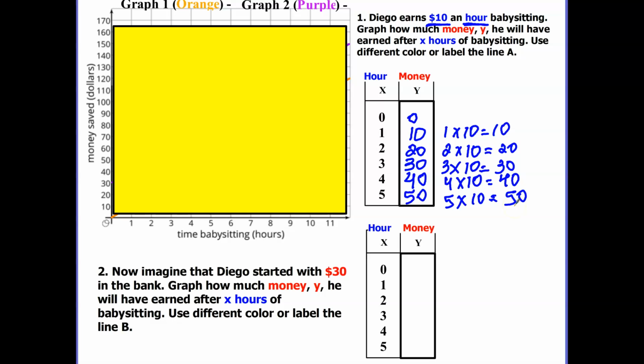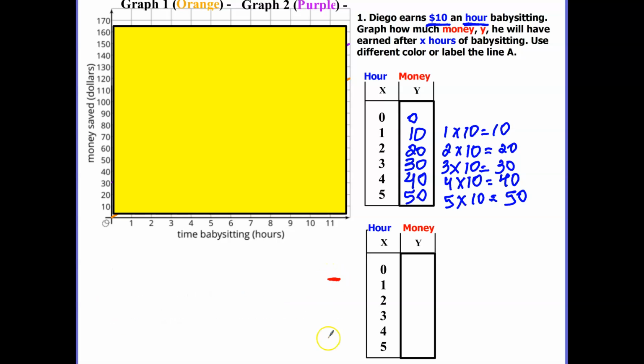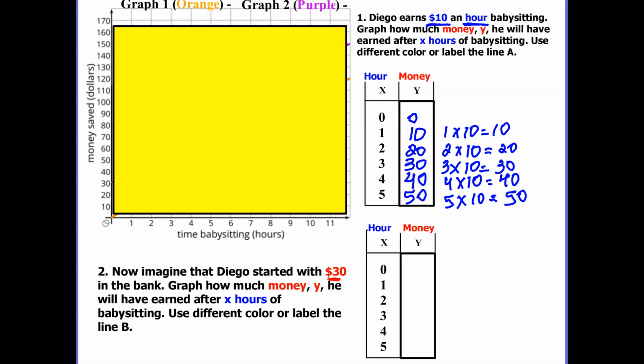On this problem, we can see that Diego already started with $30 in his account. He had saved money and started with $30 in his account. So when he worked 0 hours, he did not make money babysitting, but he already had $30 in the bank.